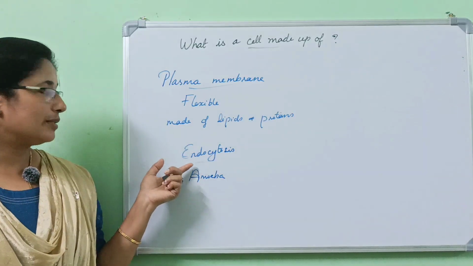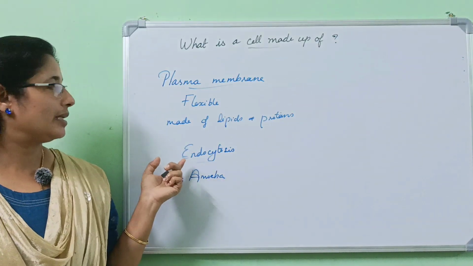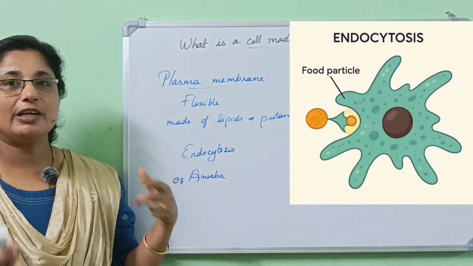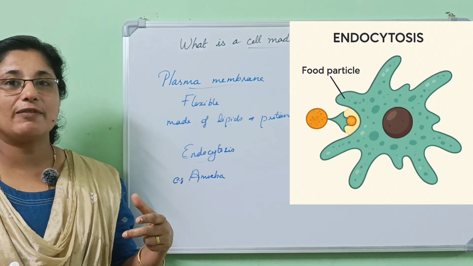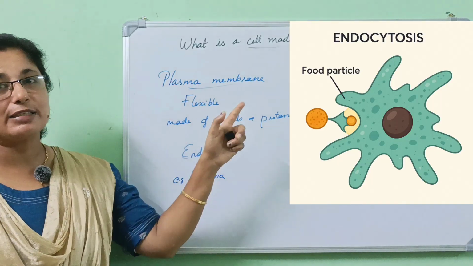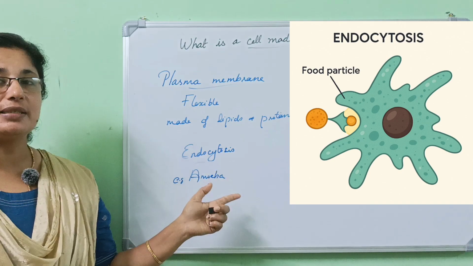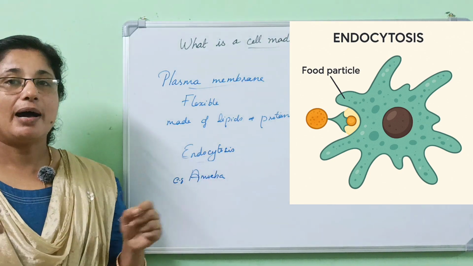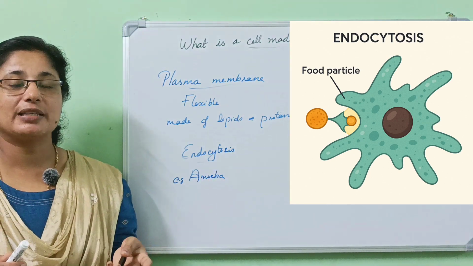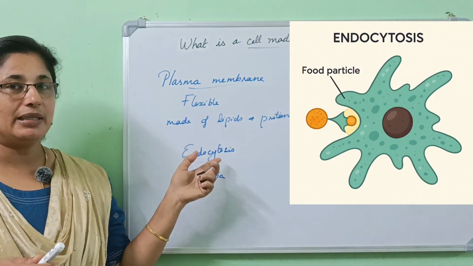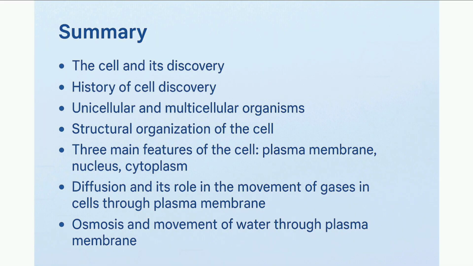That process is called endocytosis. An example is the amoeba, which captures its food from the surrounding medium by endocytosis.